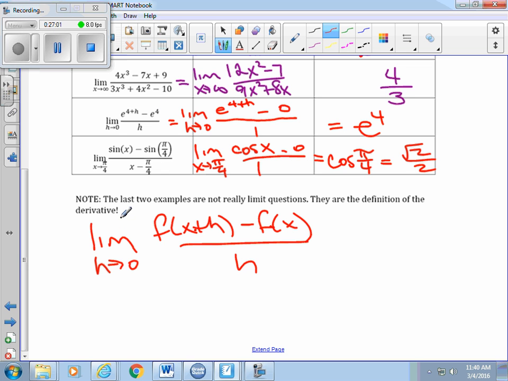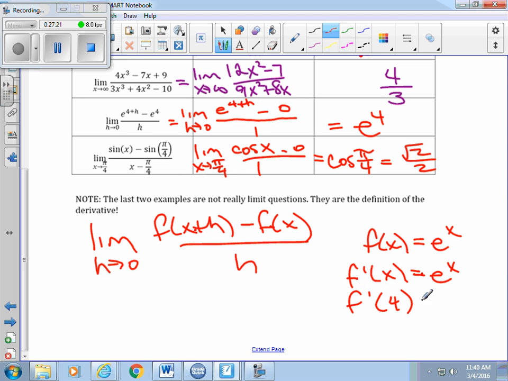E to the x. Everyone agree e to the x is f of x? The x they've replaced with a 4. What is the derivative of e to the x? And what is the derivative at 4? E to the 4. See how this is just the definition of the derivative? So is the bottom one.